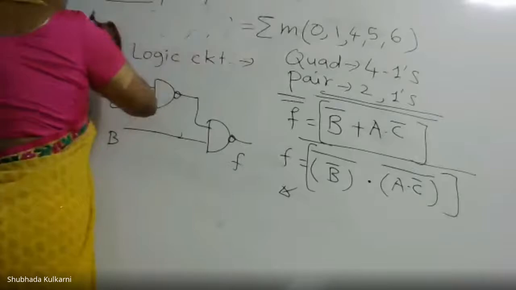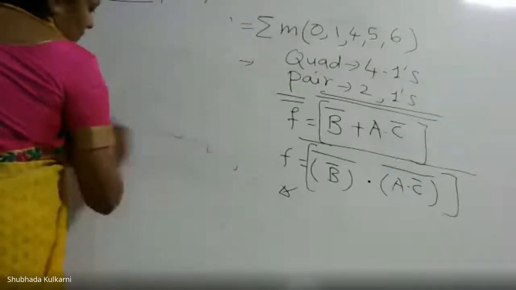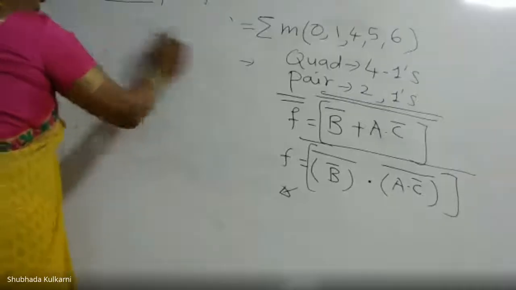Okay? Ma'am, one doubt. Ma'am, 4-variable Boolean function.